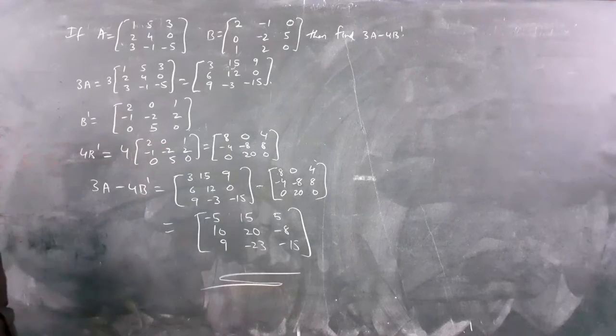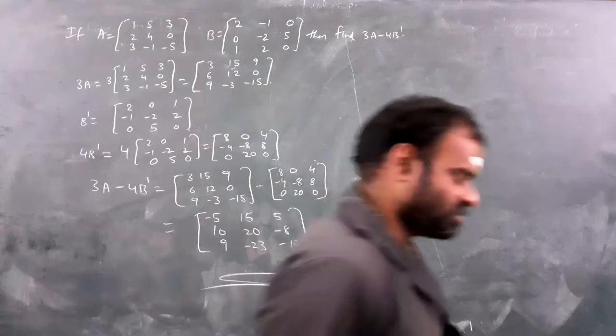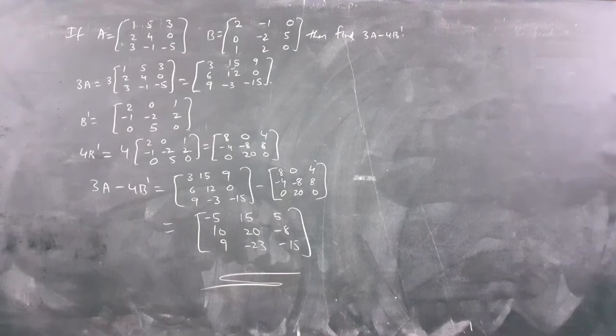So 3A minus 4B dash is equal to this value. So there is no difficulty in any of the problems. All are simple calculations only. You have to concentrate on calculations, then it becomes very easy.